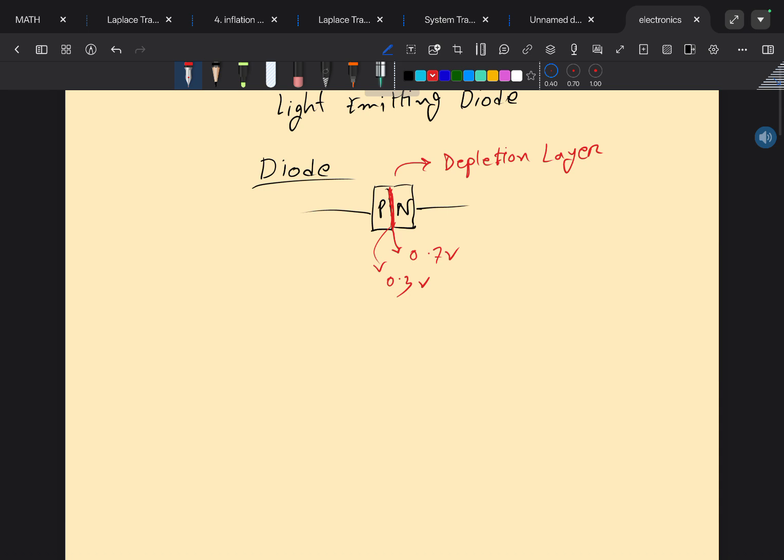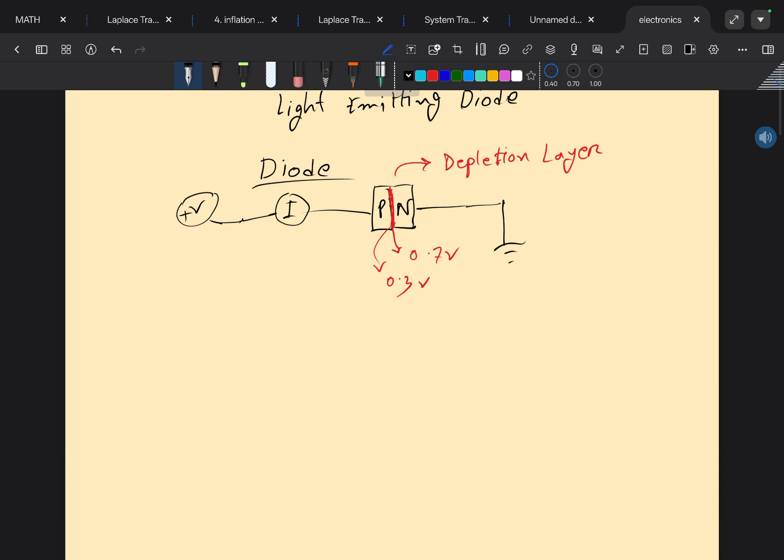What this basically means is, say we have a circuit here where we want to measure the current flow. Let's just say this is our voltage source, a variable voltage source, and this is the ground.